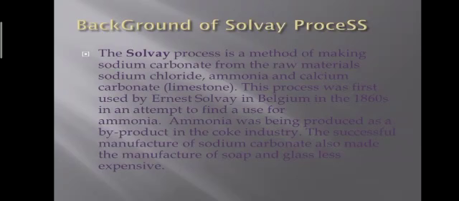It is synthetically produced in large quantities from sodium chloride, ammonia and limestone in a process known as the Solvay process. Ernest Solvay was a Belgian chemical engineer. He prepared sodium bicarbonate and sodium carbonate for the first time from cheap and abundantly available raw materials such as limestone and sodium chloride.